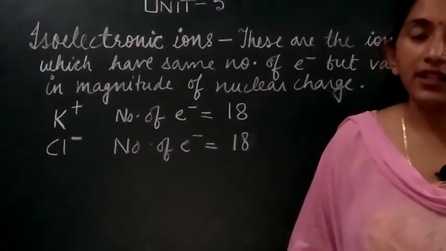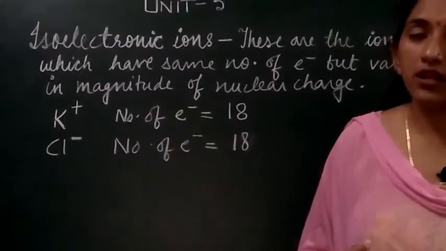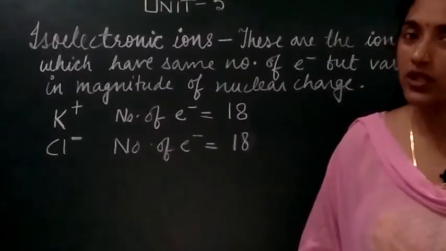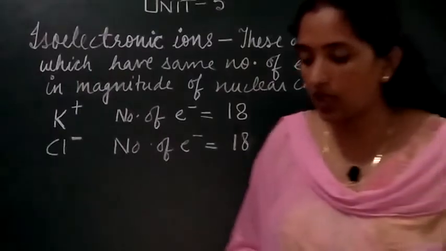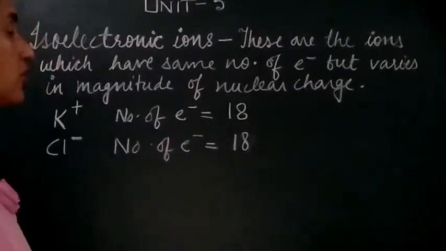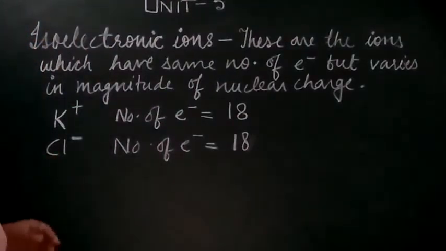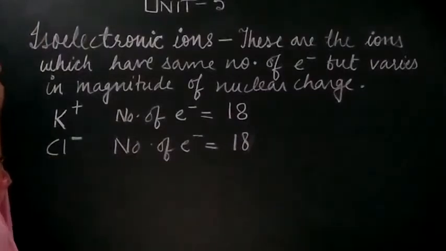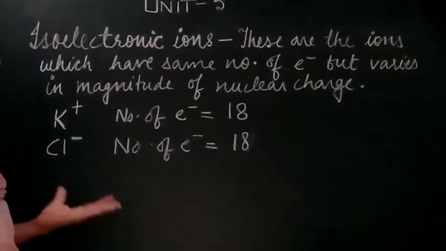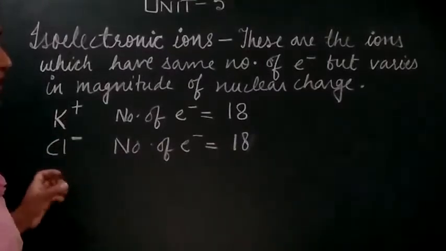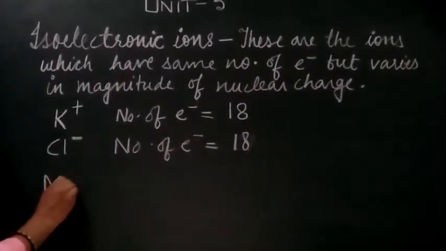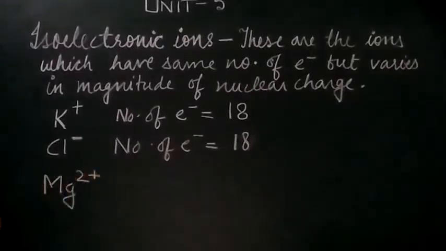We can say, just reverse it, that with a decrease in the magnitude of the nuclear charge, the ionic radii of these ions are going to decrease. Now, what does it mean? That if we take the example of the magnesium ion, right?